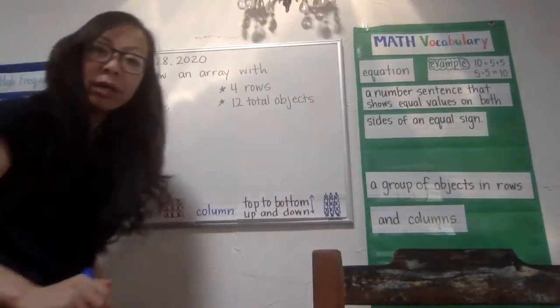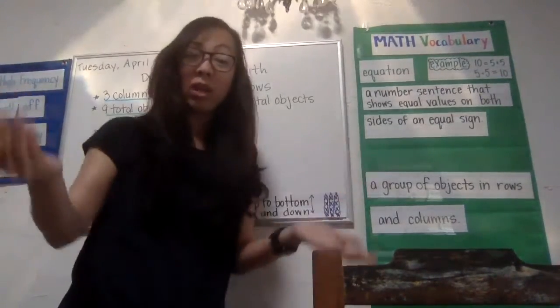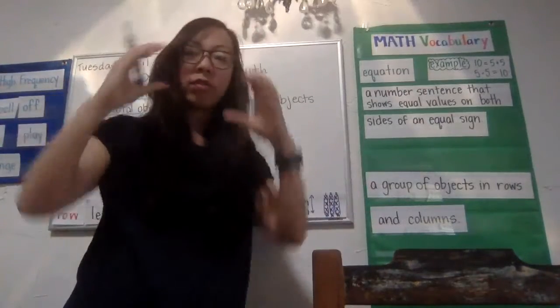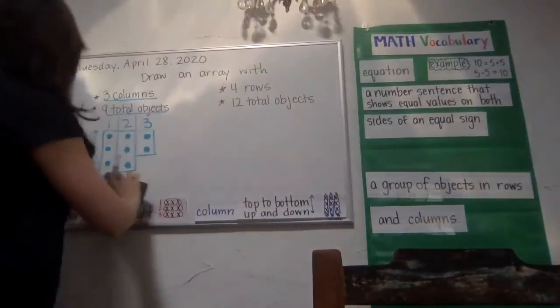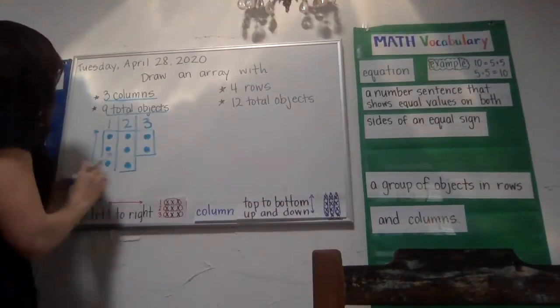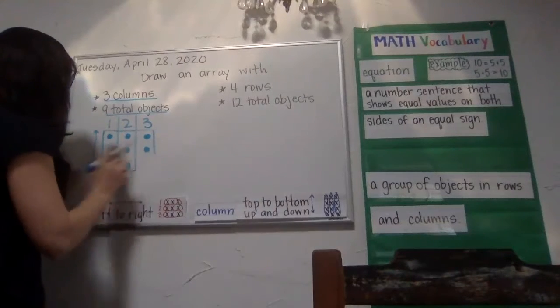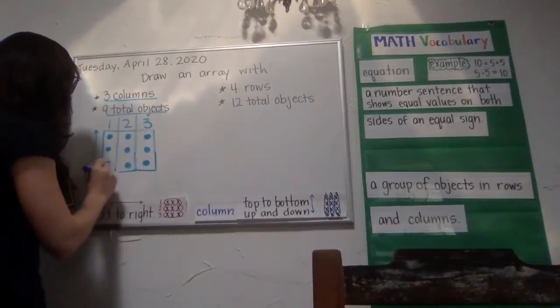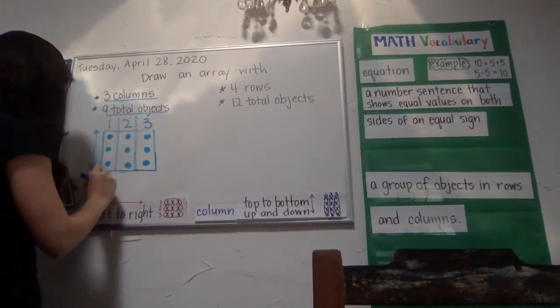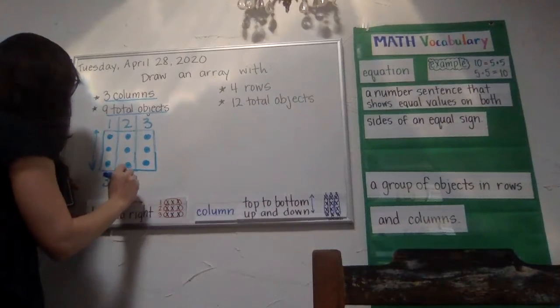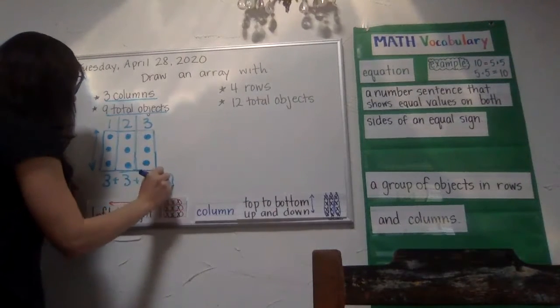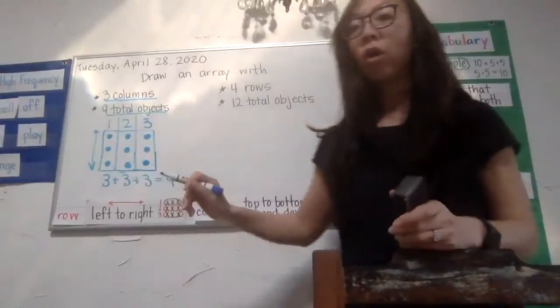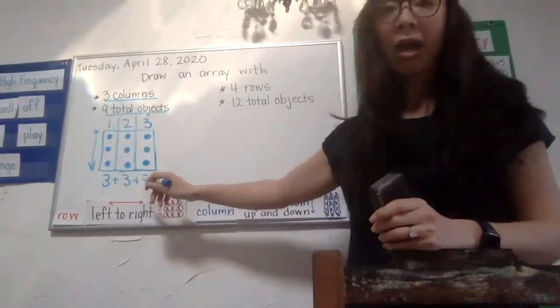Is that an array? No, because arrays have to make rectangles. We can't have different numbers in each column. So remember, arrays will always have the same number in every column and every row. So we have 3 plus 3 plus 3 equals 9. So our equations will always be made of the same addend.